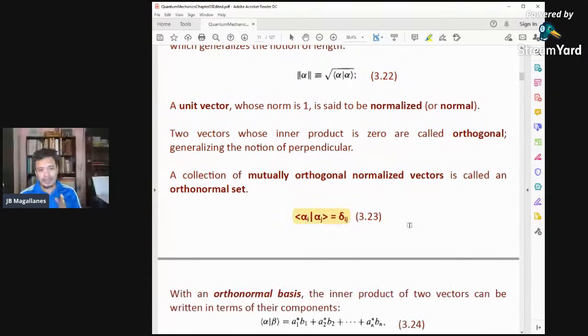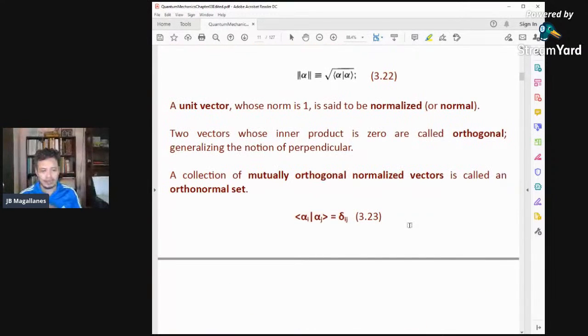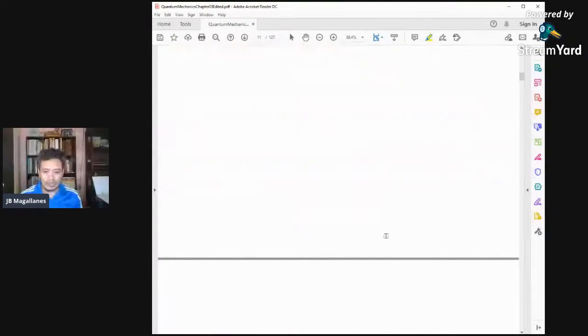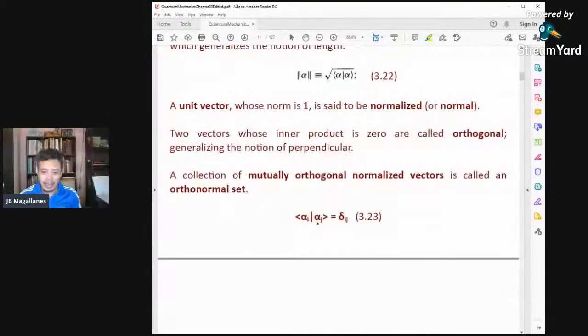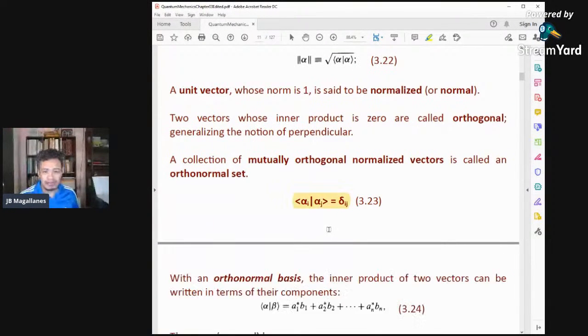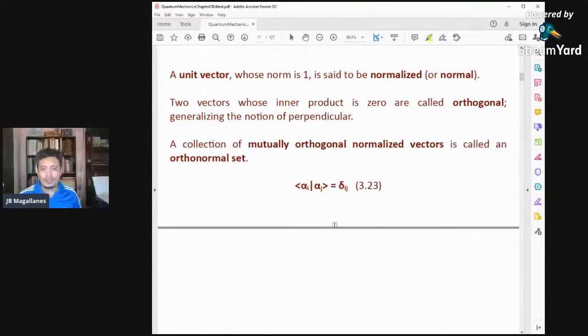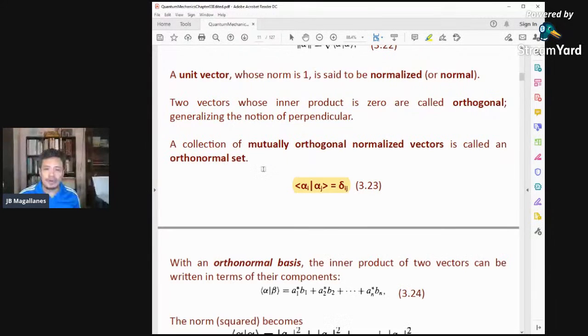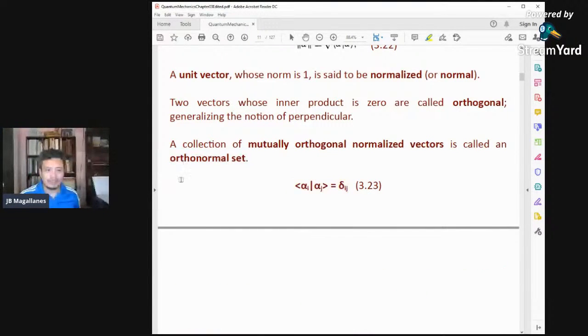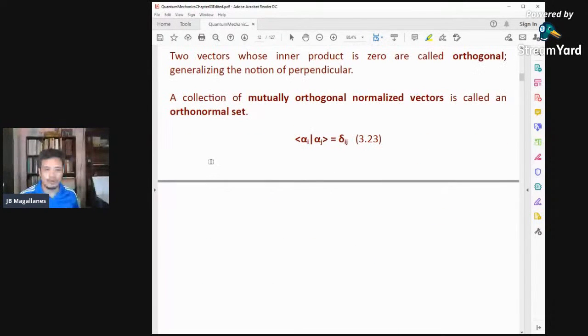If you multiply the vector with itself, that's just equal to 1. And when you multiply with the other vectors, it's equal to 0. Meaning if you have i and i here, it's equal to 1. And if i and j are not the same, then it's equal to 0. Those are mutually orthogonal normalized vectors, or that's what you call an orthonormal set here.